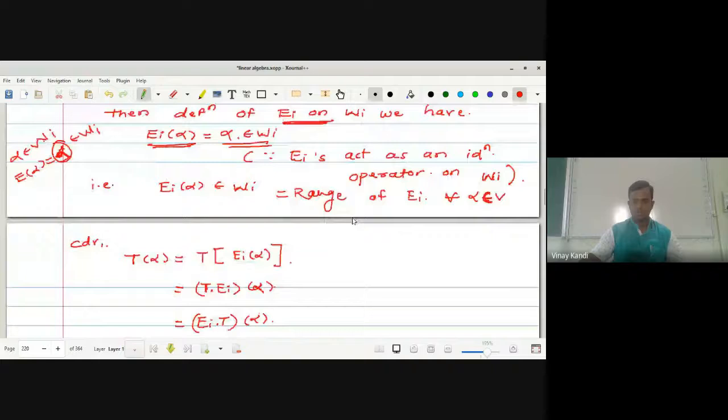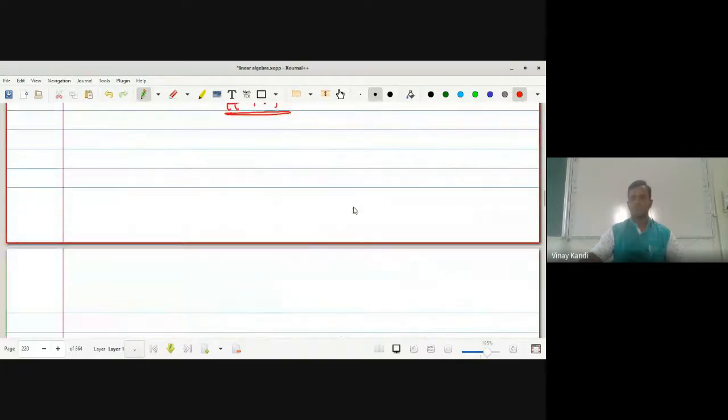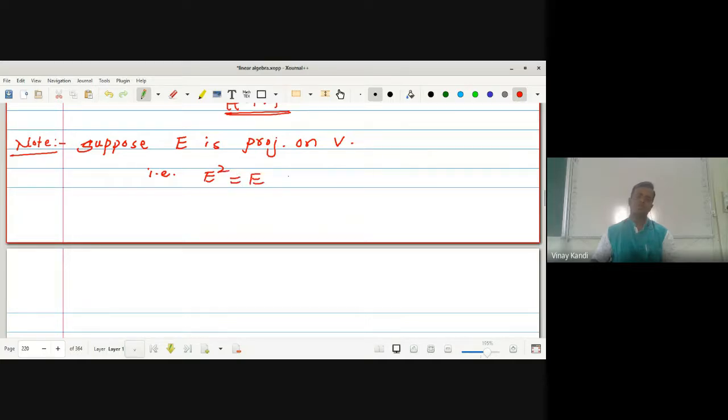Now tell me, suppose E is the projection. Note: suppose this capital E is a projection on V, that is, E squared is equal to E for all alpha belonging to V. Is it correct?